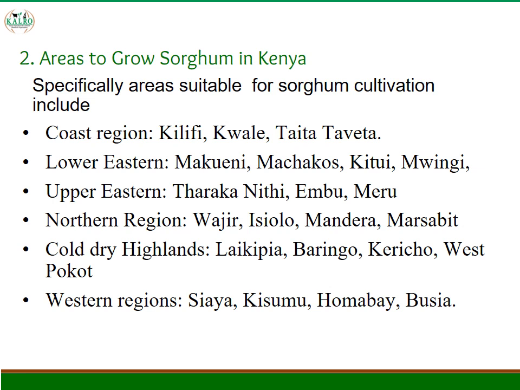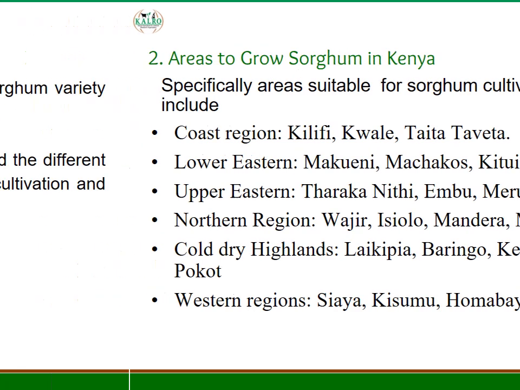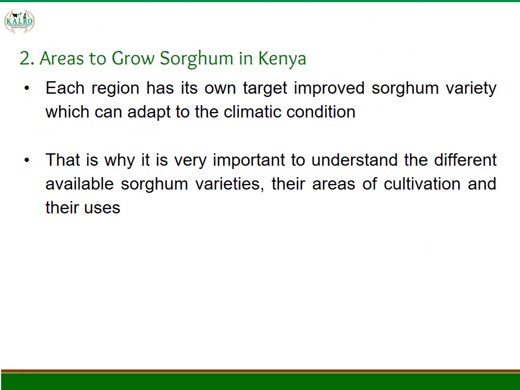In these areas, each site has its own sorghum varieties which have been improved to adapt to that certain place. Each region has its own target improved sorghum variety, well adapted to those areas. So it's very important to understand the different available sorghum varieties, their areas of cultivation, and their uses.